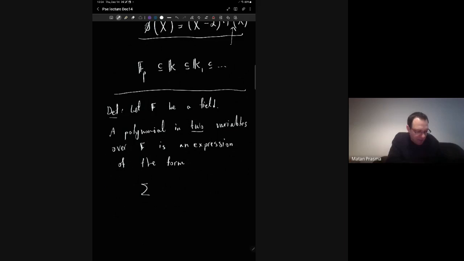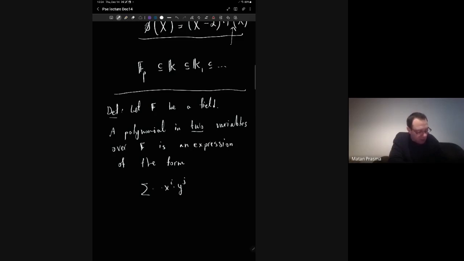now I have two variables, let's say X and Y, and I can do powers of X multiplied by powers of Y, and all that multiplied by a coefficient.